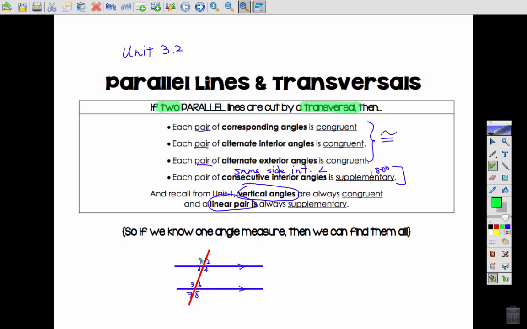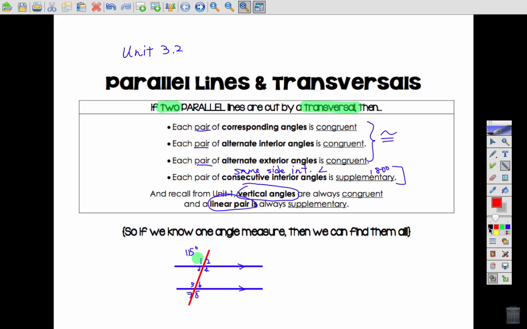So as long as I know one angle, for example, if I say this is 115 degrees, by using all of these relationships above, I should know the angle measurements for the other 7 angles.